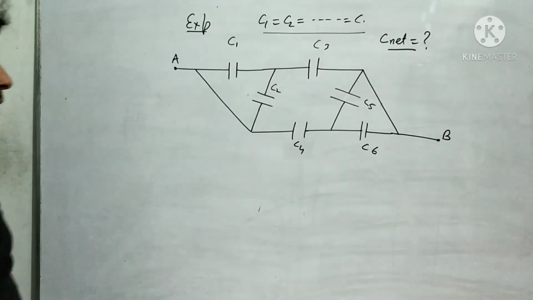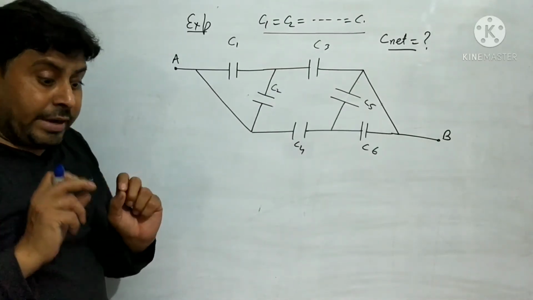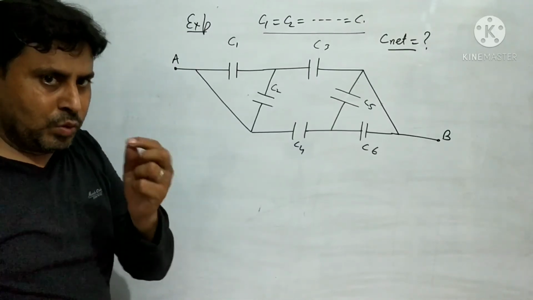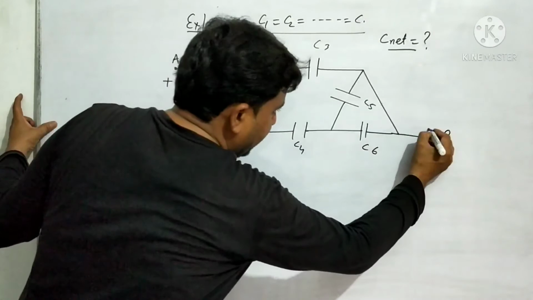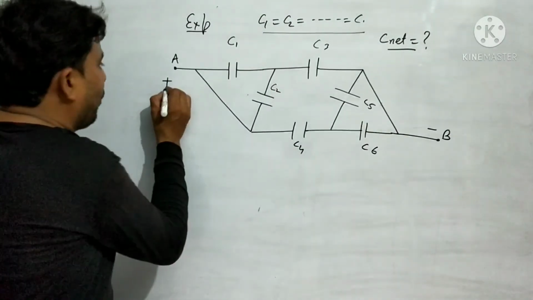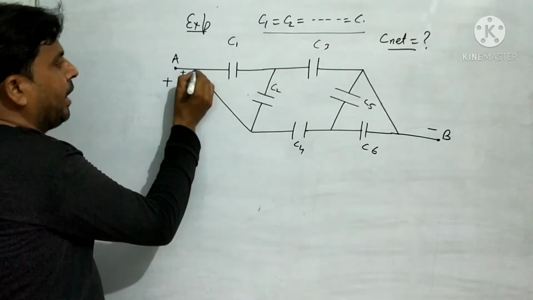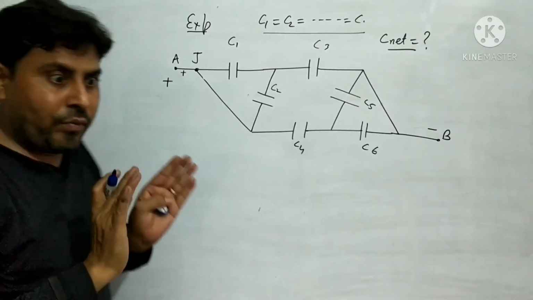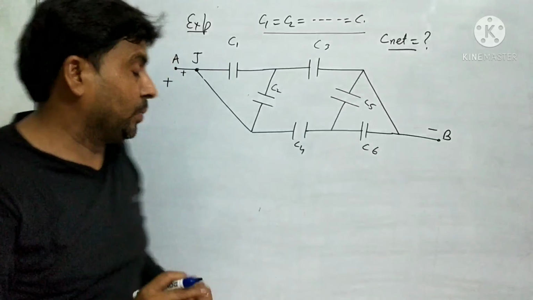Clear? So beta, always remember one thing. How will we identify which one is series, which one is parallel? So listen to one thing. It is considered as a positive terminal. It is considered as a negative terminal. Clear? Sir. Suppose positive terminal here, then charge is transferred from here and it is the junction. Do you know junction? From where charge will divide into different directions.